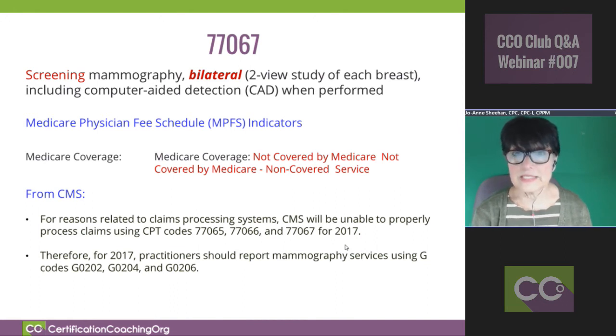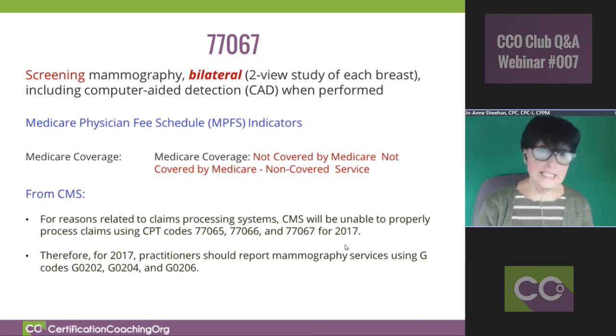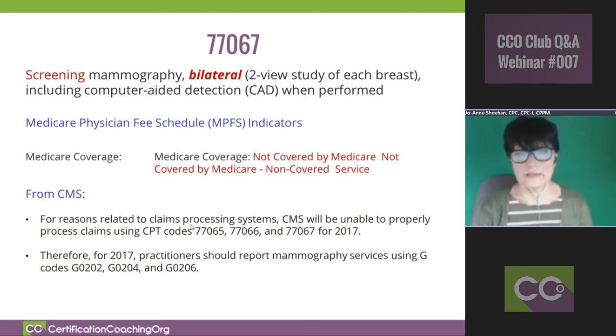Therefore, for 2017, practitioners should report mammography services using G codes G0202, G0204, and G0206, depending on what procedure is being done.